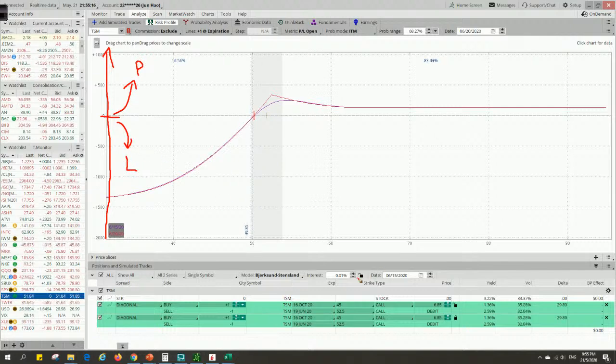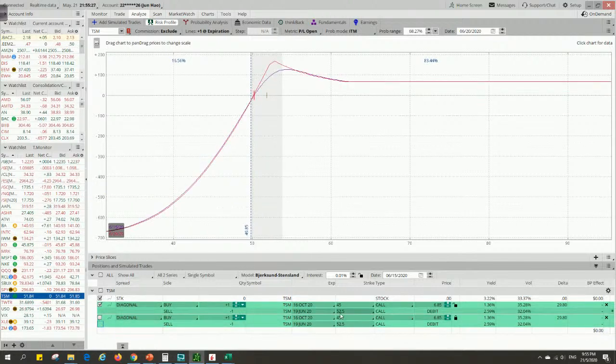And the x-axis represents your strike price. Okay, so we are looking at buying a long dated strike at 45 and selling a short dated strike at 52.5. So this is what our P&L profile will look like.